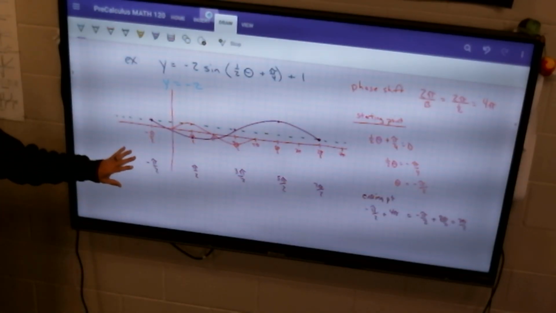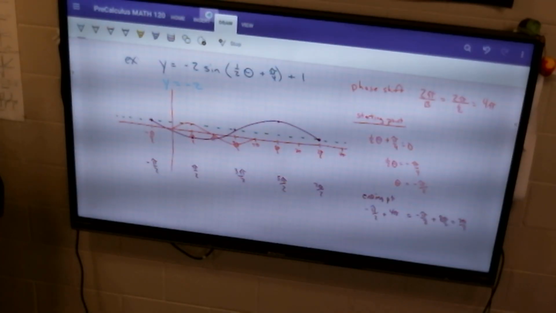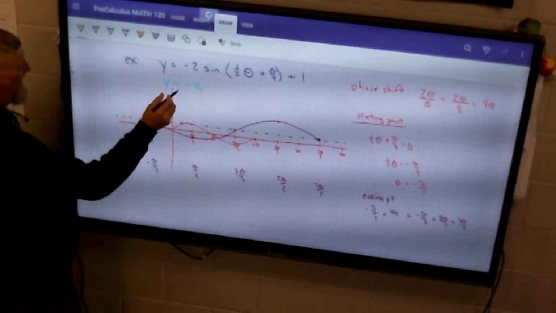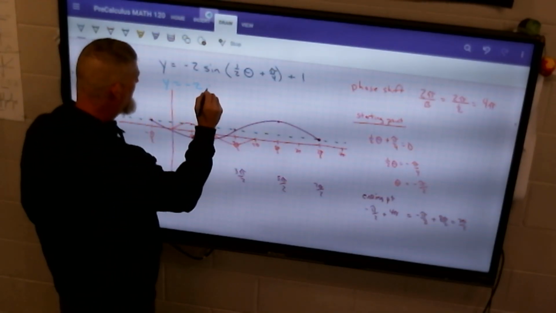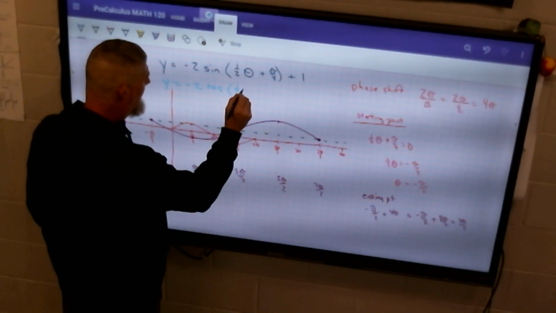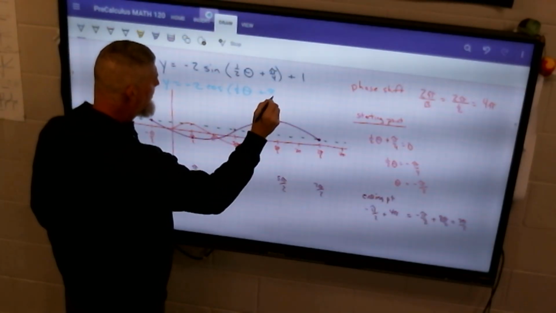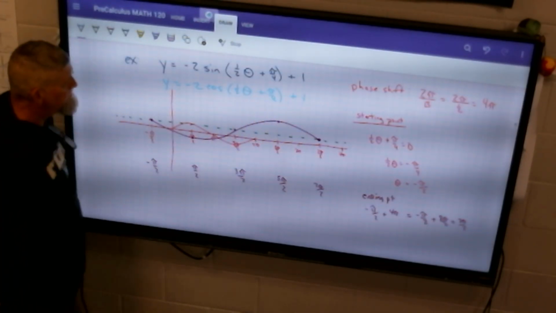Don't write this down, because later on we're going to go through cosine in more detail. I'm just showing you what it is. I want you to see that you've already done 98% of the work for cosine. To do a cosine is much easier. Okay? So, are you guys okay seeing the light blue? Okay, because I'm having trouble seeing it here. So cosine of 1/2 theta plus pi over 4 plus 1.